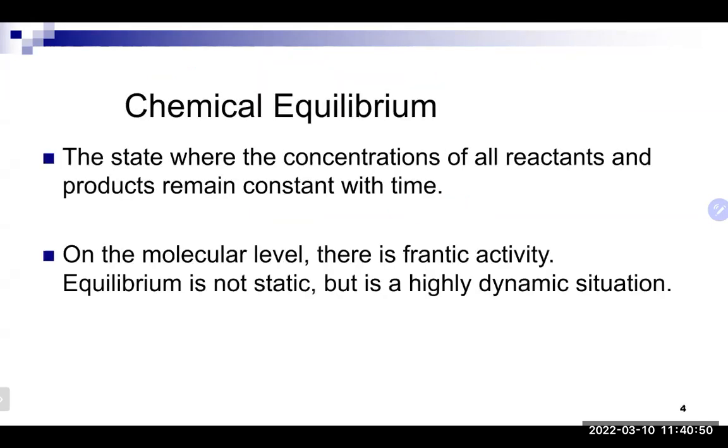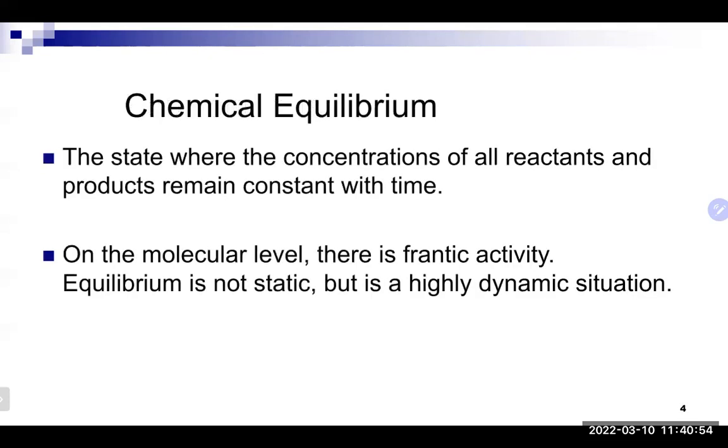As I mentioned before, what we're really looking at here is the state where the concentrations of the reactants and the products remain constant once equilibrium is made. They will maintain those constant concentrations as long as you don't do anything to screw up the equilibrium, which we'll talk about later in this chapter.